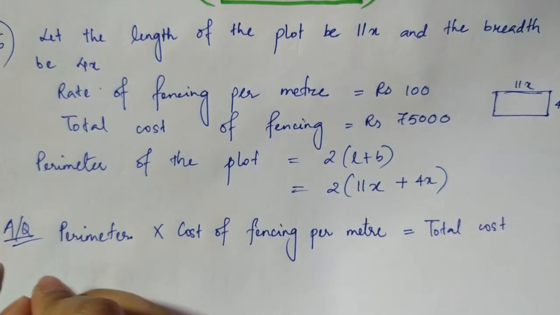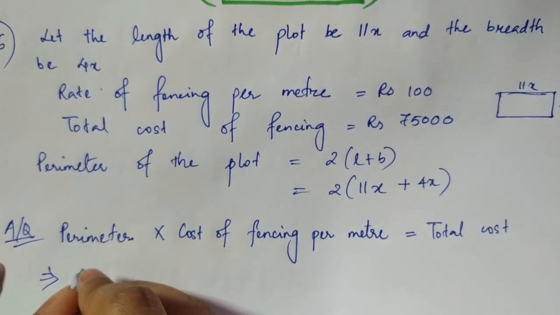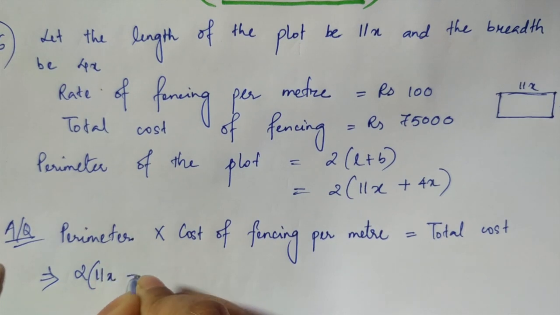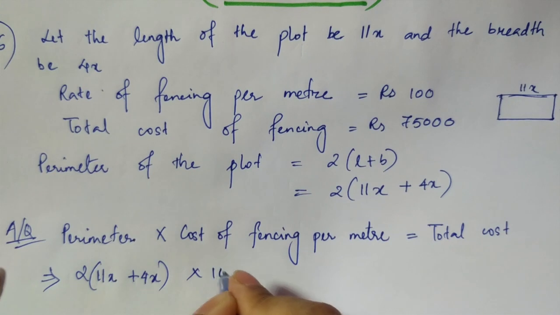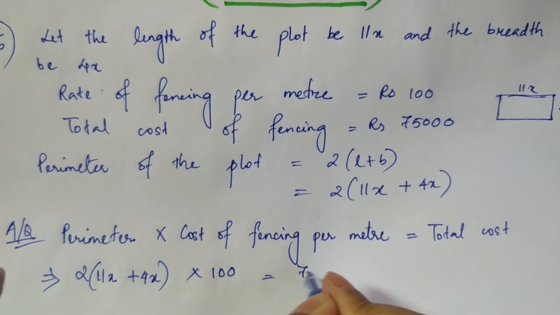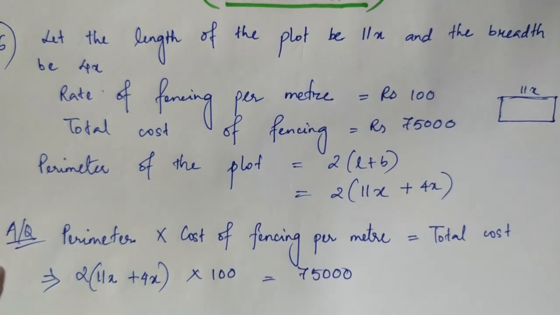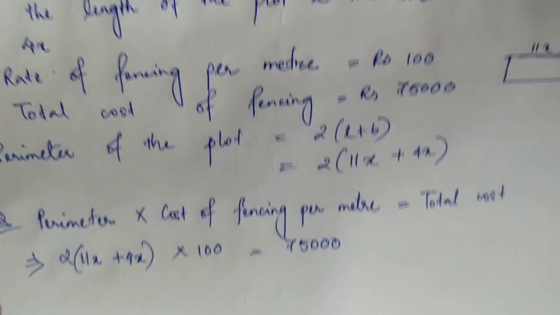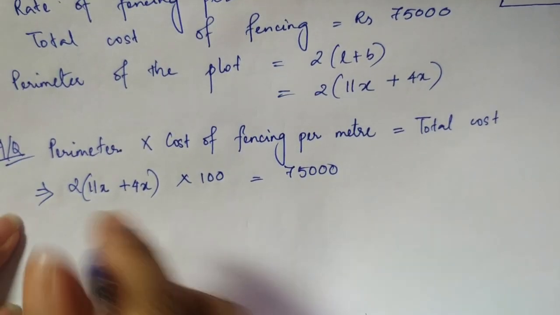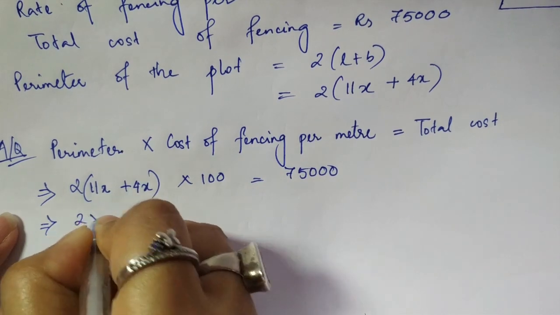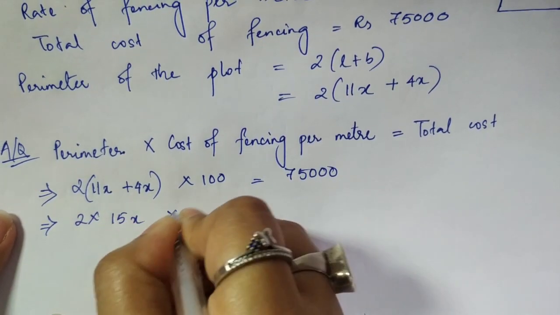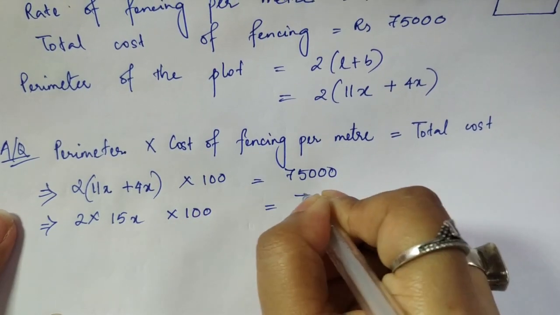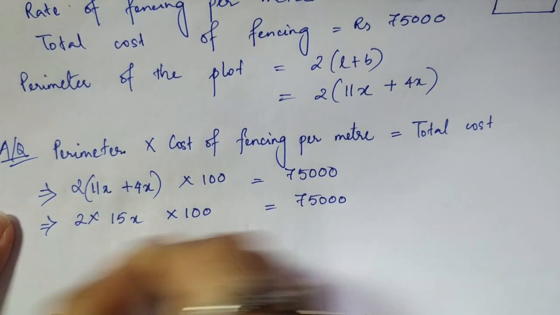So we have the perimeter as this, 2 into 11x plus 4x. Cost of fencing per meter is given as 100 rupees and total cost is given as 75,000. So this is my equation from which I will find the value of x. So let us do it. 2 into 11 plus 4, 15x, into 100 is equal to 75,000.